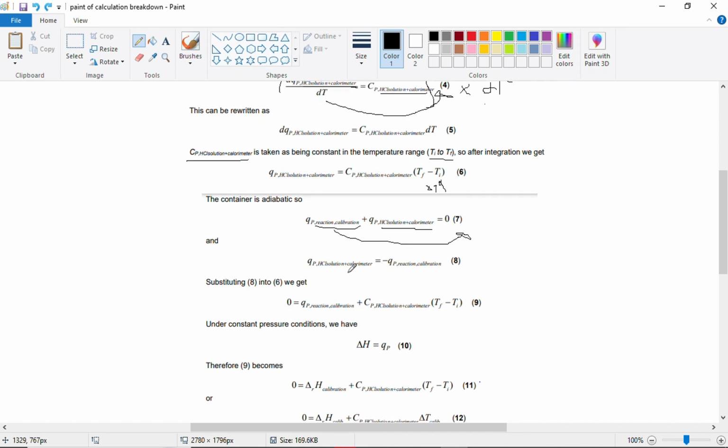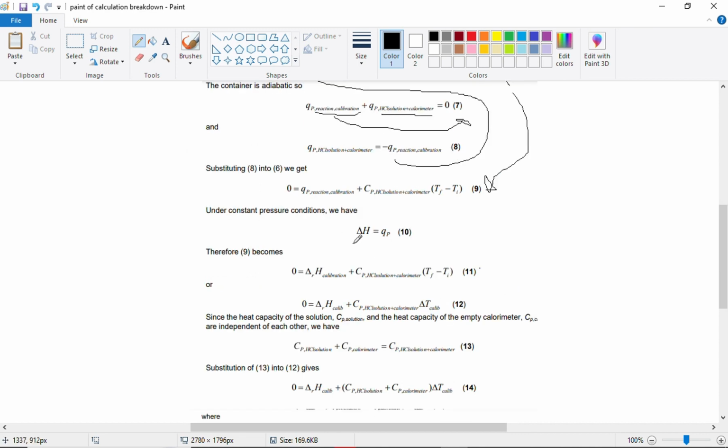So knowing that the heat of the HCl solution in the calorimeter has to be equal to the lost heat of the calibration reaction, we can substitute in for Q sub P HCl negative Q sub P of reaction, which we can then add straight across to get 0 on the left side and have our Q term end up on the right side of the equation.